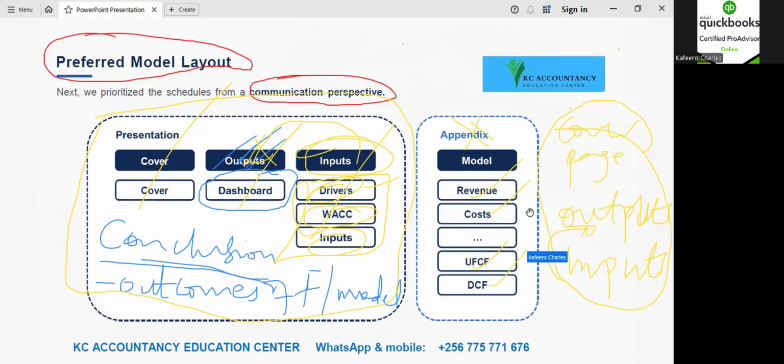They may not actually go into seeing those other values, if at all they trust the person that developed the model.